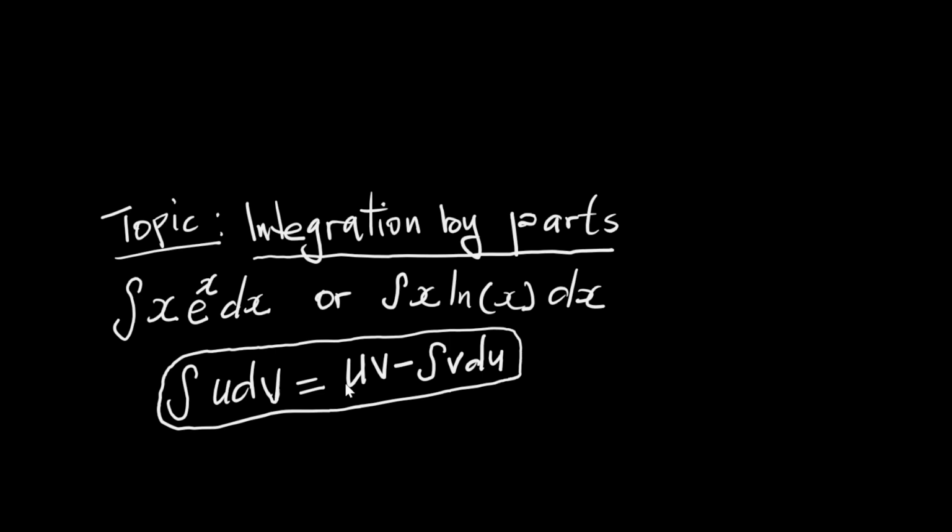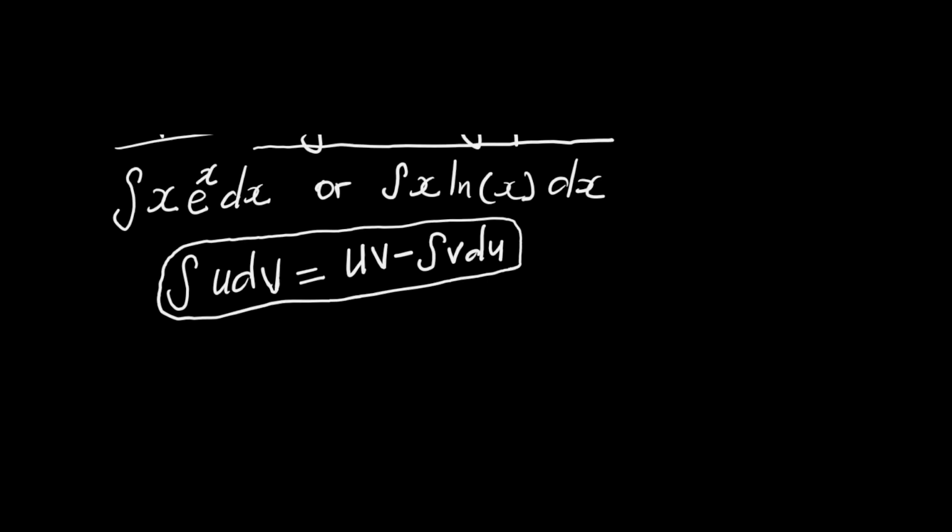Now, the biggest challenge is choosing u and dv. That's the problem that we have. We have to choose u or dv, but let me show you some techniques. We have a rule called LIATE, L-I-A-T-E, LIATE.